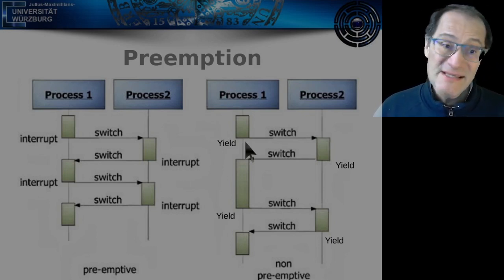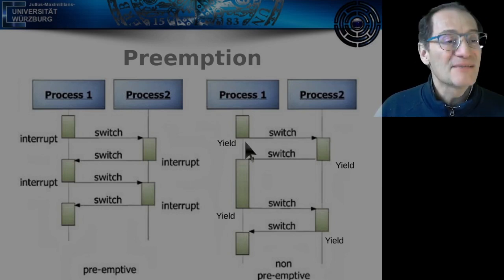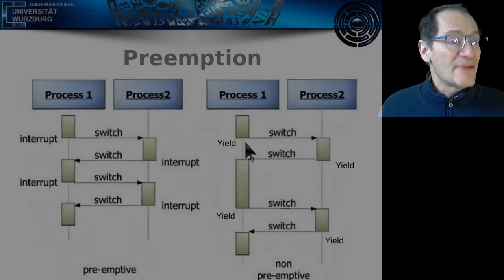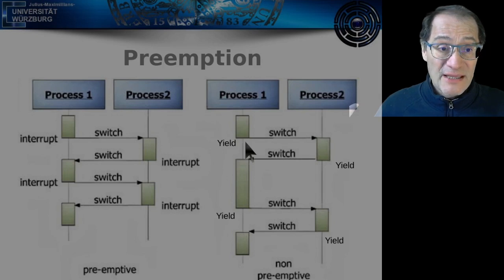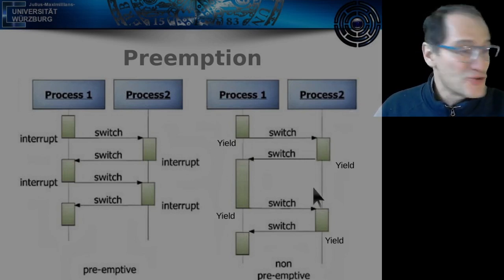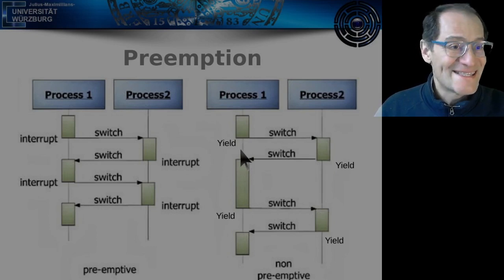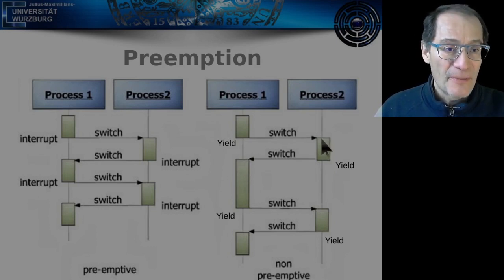The bad thing is, if we forget to be cooperative, then one task might keep the CPU forever, and all others will never get CPU time. So all others will stay waiting and waiting and waiting. So the task has to be what we call cooperative and always yield to allow other tasks to work.